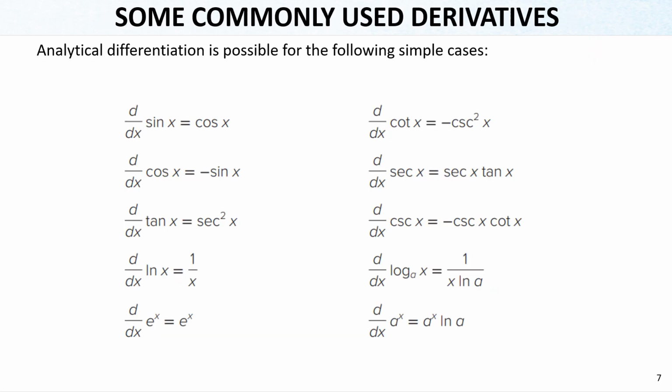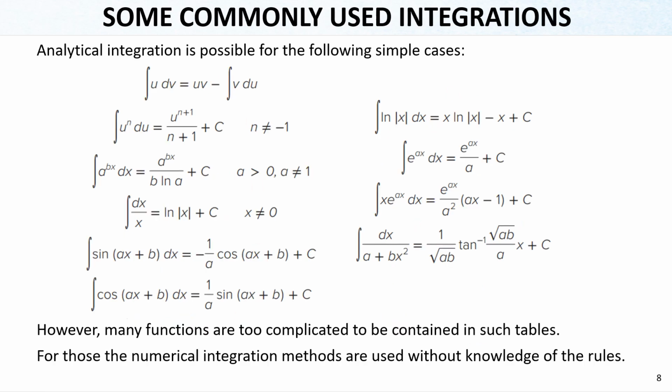And if we have simple functions, we can simply use analytical integrations and derivations. Here are some commonly used derivatives for sine, cosine, tangent, natural logarithm, exponential. For these simple functions, we have simple derivatives, as you can see here. And also for integrations, simple integrations, you can see here.